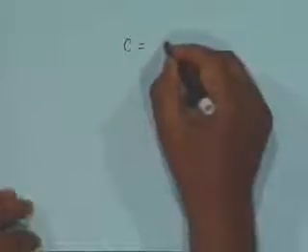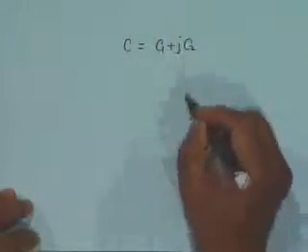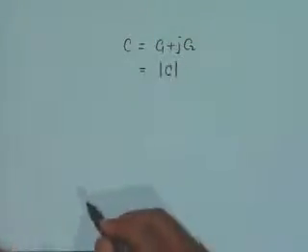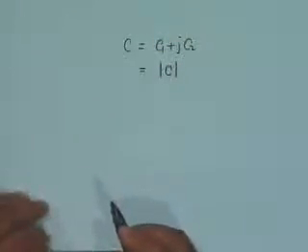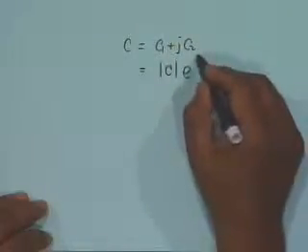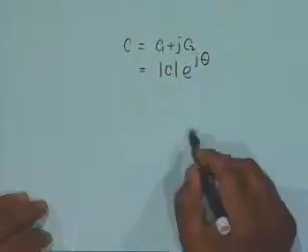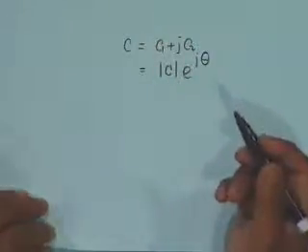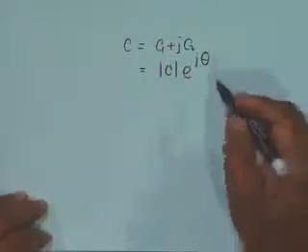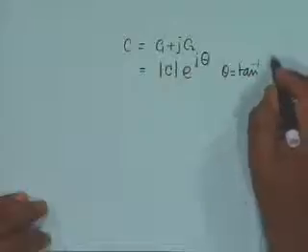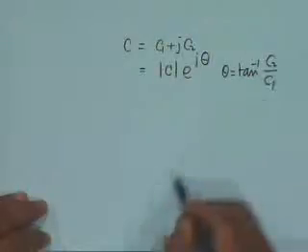C is complex, let's say C1 plus C2, or we could write this in the polar form, thanks to Euler, as mod C e to the power j theta. Then you know magnitude C is square root of C1 squared plus C2 squared, and theta is tangent inverse of C2 by C1.